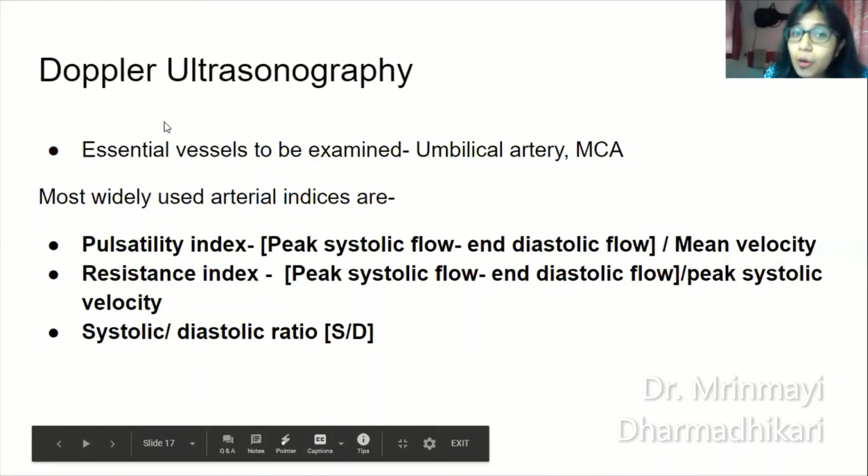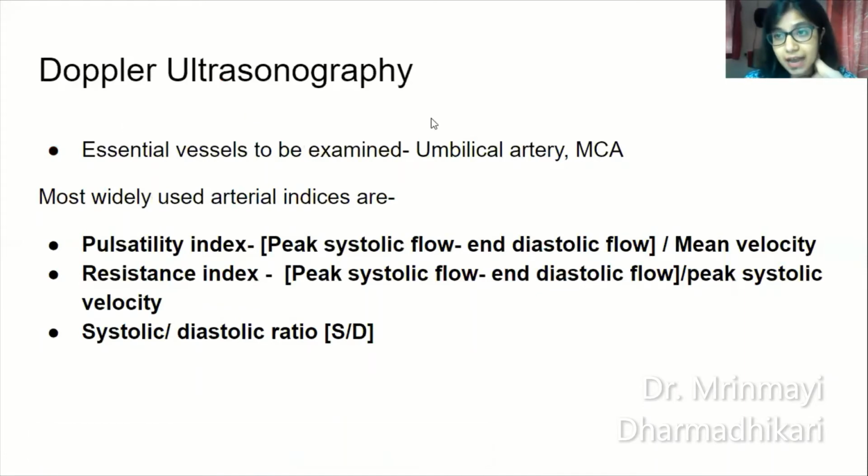Now, coming to Doppler ultrasonography, essential vessels to be examined in a Doppler for IUGR include umbilical artery and the middle cerebral artery. Okay, 2 important vessels. And important arterial indices which are measured in any Doppler are pulsatility index, which is peak systolic flow minus the end diastolic flow whole divided by the mean velocity.